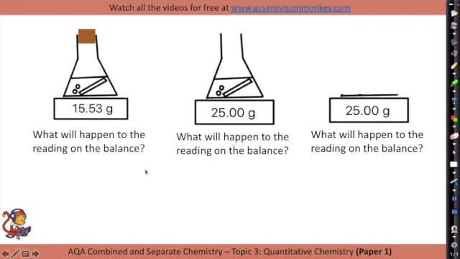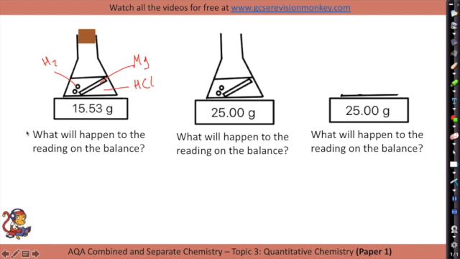You may also see conservation of mass discussed in an experimental way. For example, they might give you a particular reading on a balance and a reaction that's taking place on top of that balance. So here we've got a conical flask containing some metal and some acid. For example, this could be magnesium and hydrochloric acid, giving off some hydrogen gas here.